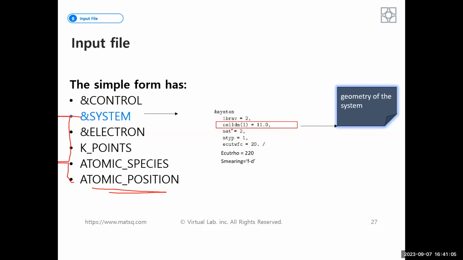So the cell parameter or cell dimension is used to define the geometry of your system, while the atomic positions describe the crystallographic cell vectors, the XYZ of your atoms. So celldm(1) is used to define the length scale of the crystal cell I have. It sets the lattice constant, and it is used to scale the lattice vectors.